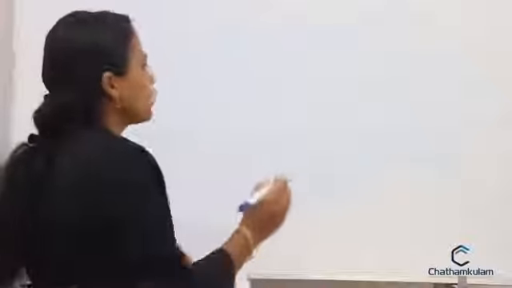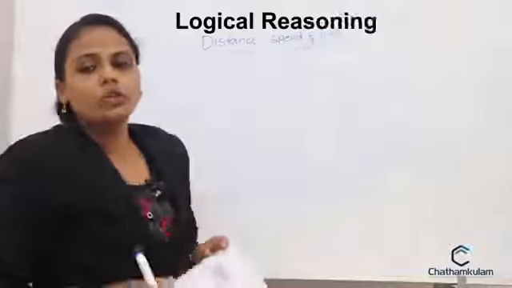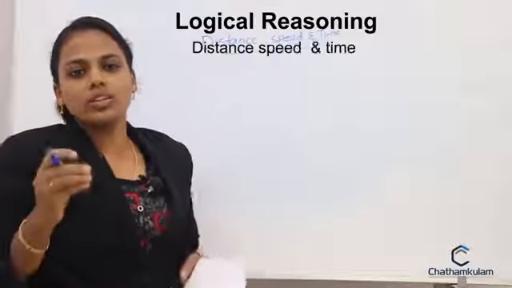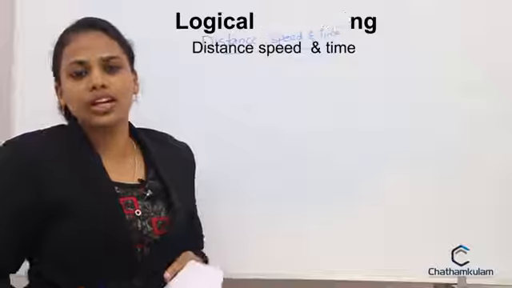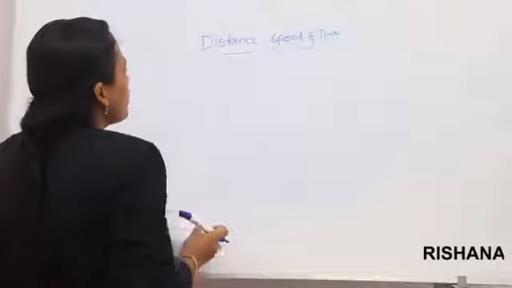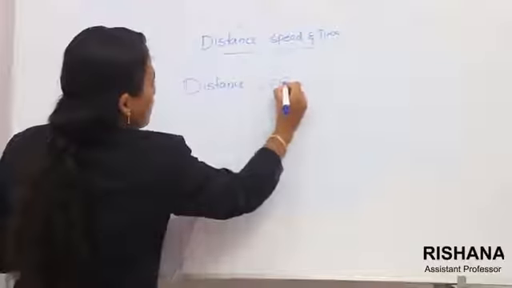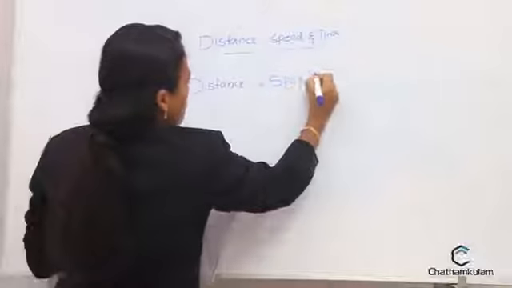So today we are going to discuss the core topic of reasoning: distance, speed and time. Before we go to the problems, we will see the major equations to solve these kinds of problems. In the case of distance, it is speed into time.